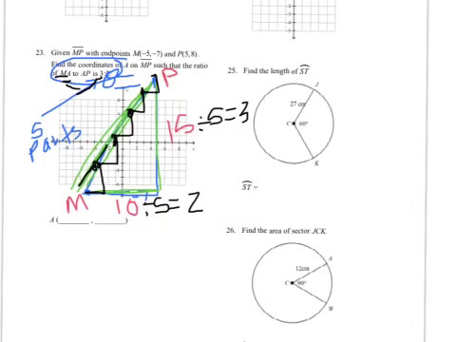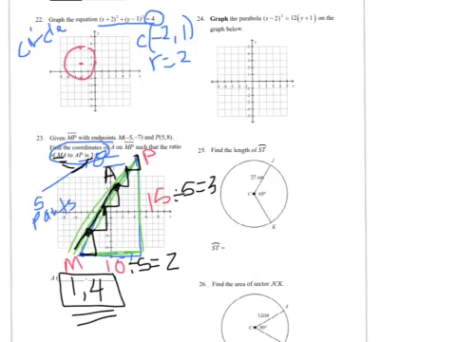So here's 1, 2, 3. My A should go right there, and it's hard to tell from my graph, but A is at about 1, 4. Please check it on your graph paper to see if you can get that more accurate, but that's the way that you do the problem.